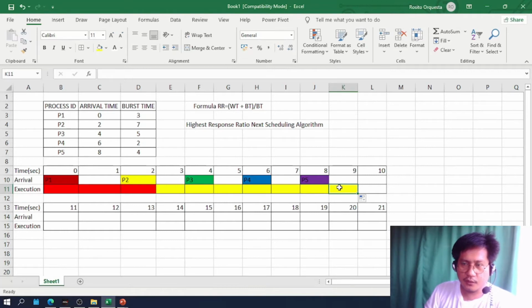Within these 7 time slices, process 3 has arrived at time 4, process 4 has arrived at time 6, and process 5 has arrived at time 8.